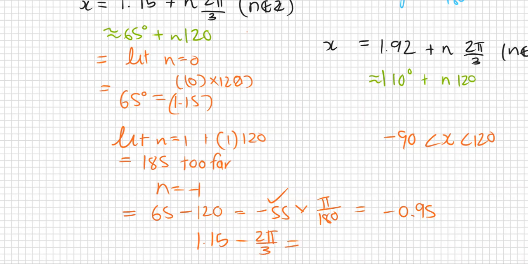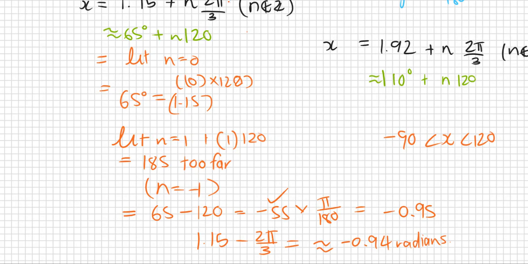So this one, the second one, letting n equal minus 1, exists. 1.15 minus 2 pi over 3 is more or less equal to negative 0.94 in radians. If we let n equal minus 2, we go too far, so this one's complete.